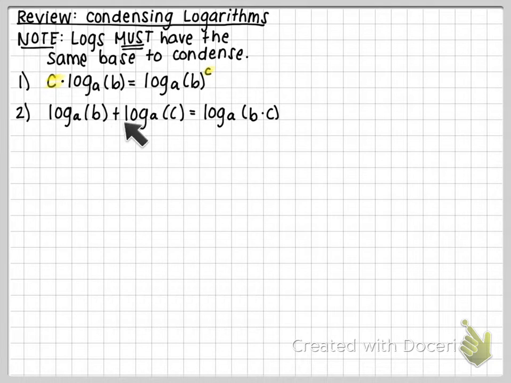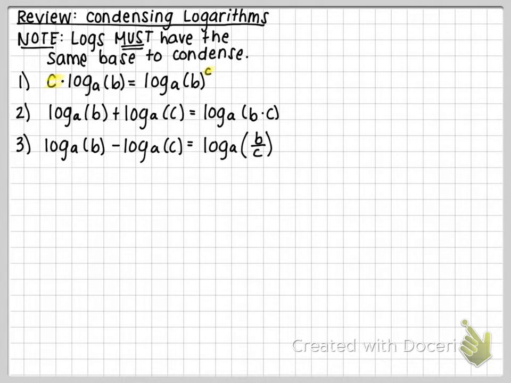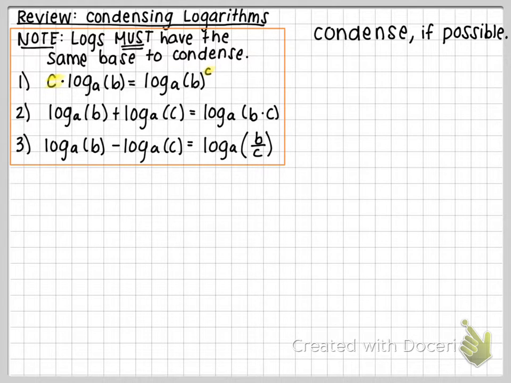So if this was a 5 and this was a 3, we couldn't combine them. We're going to multiply if they're adding, and if they're subtracting, we just divide those two terms. So remember, that's our condensing. It's just the opposite. So let's review a couple condense problems, and then we're going to get into our actual lesson.